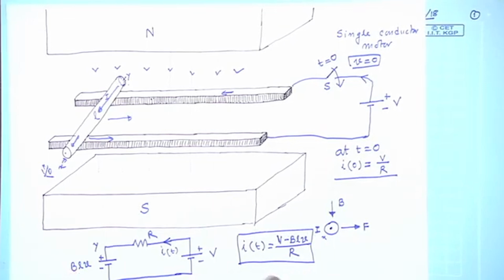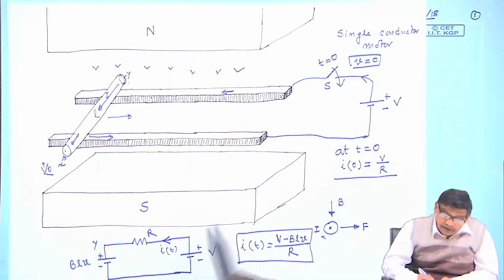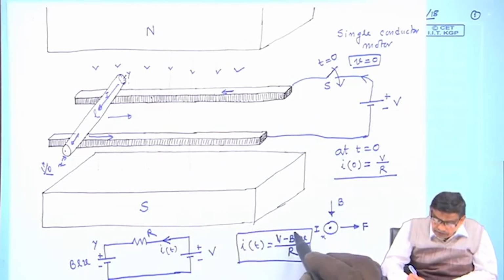But unfortunately, the expression of the current cannot be found out, because v is not a constant thing. I must know what v is as a function of time. So, the current flowing in this circuit is V minus B L v divided by R. This is sometimes called back EMF.